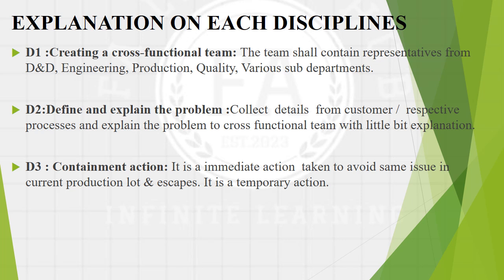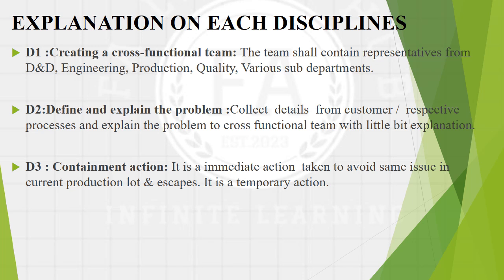So in this step, what we have to do is collect some basic data from the customer if it is a customer complaint, or basic data from production or various departments. For example, if it is a customer complaint, we ask for some basic details about the defect.